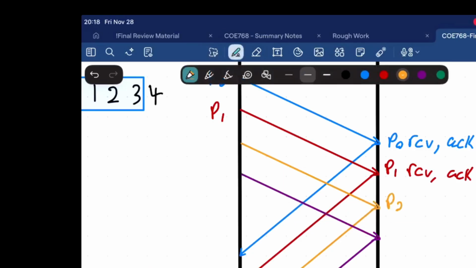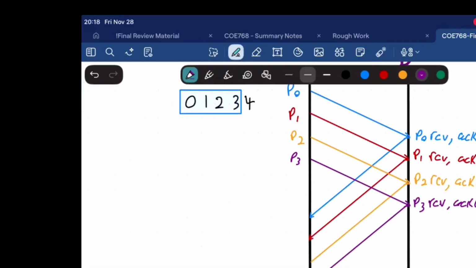So we have P2 that's been sent, received, and acknowledgement has also been sent back. Last but not least, we have P3 that's been sent and received. Acknowledgement has been sent back.